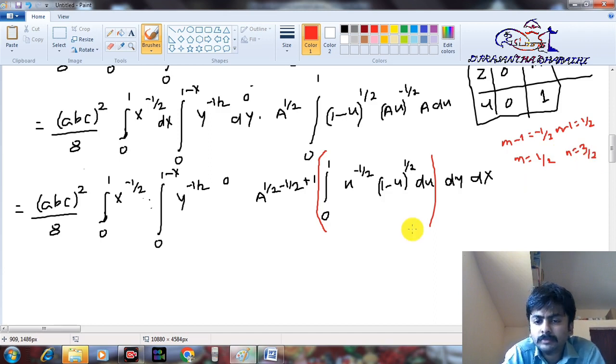So beta of m comma n will be beta of 1 by 2 comma 3 by 2.